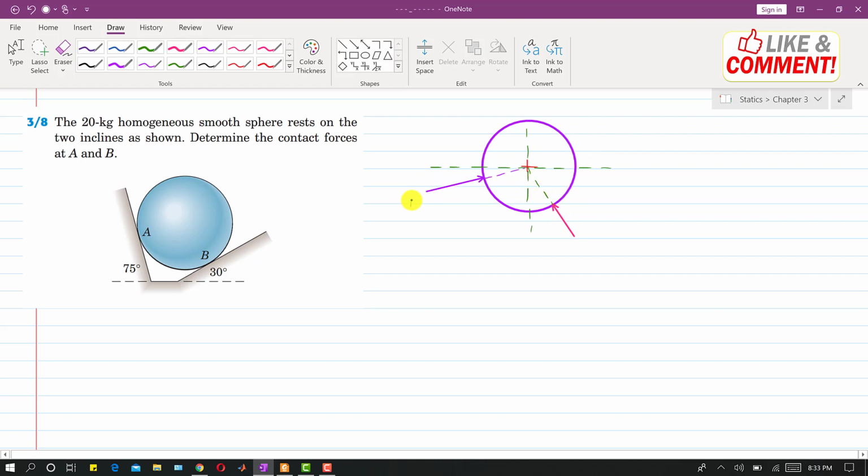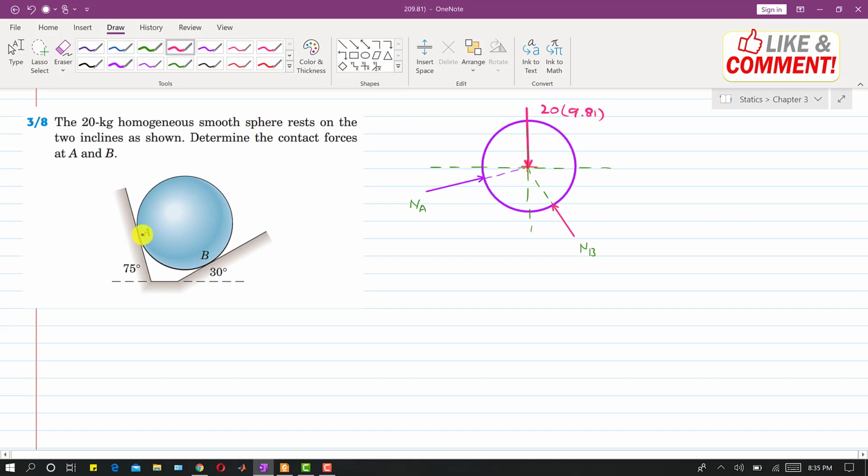So let's say that this is the A contact force and this is the B contact force, and this is the center of gravity, and the mass of this sphere will act at this point. If I draw that mass as well, sorry, this will be that weight in this direction, and this weight is 20 times 9.81.